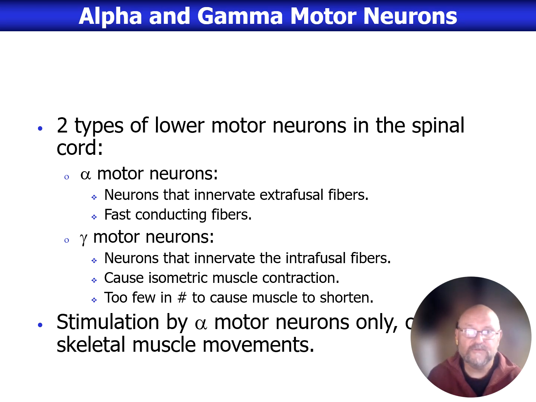So as the alpha motor neuron is stimulating contraction of the muscle, gamma motor neurons are making sure that the muscle spindle is measuring that contraction. So stimulation by alpha motor neurons is the only way to make a skeletal muscle contract. The gammas are just there as part of that measurement system.